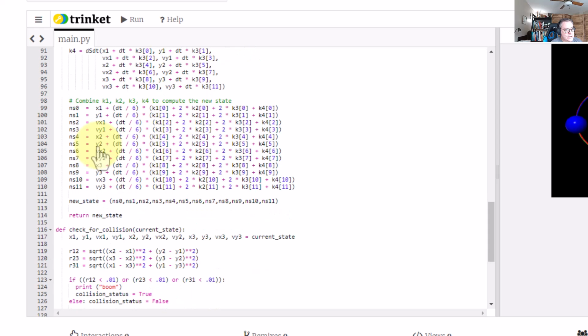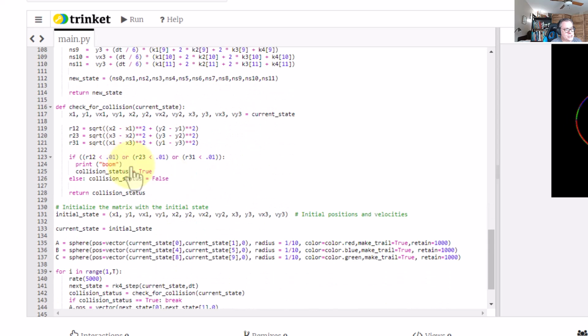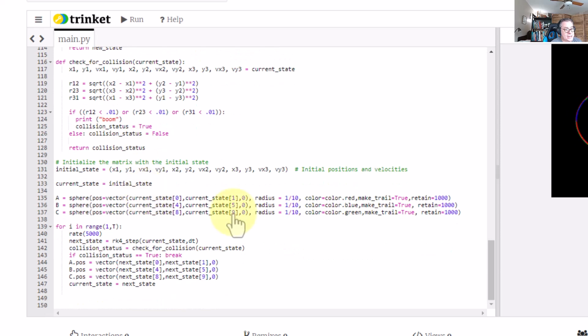There's RK4 step. And there's checking for collisions, just to see if the distance between two objects is less than a certain fixed value. And here's where I plot the vectors. I plot the three bodies as spheres. And there's the main loop, and that's the whole entire code. And then I'm just updating their positions in that loop right there.